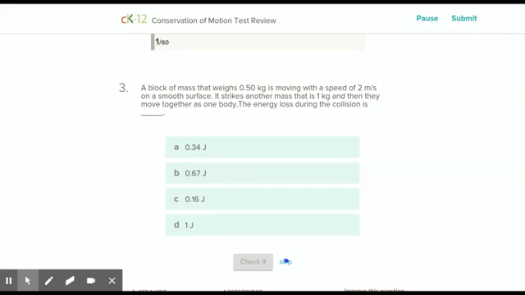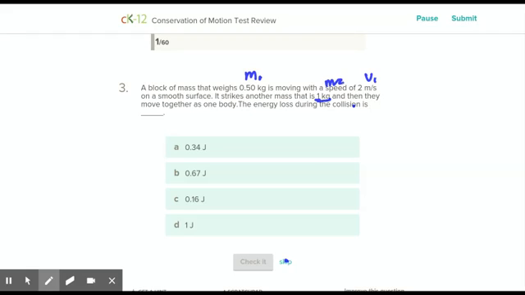All right. A block of mass that weighs 0.5 kilograms, so this is the mass, is moving with a speed, so that's the velocity, 2 meters per second, on a smooth surface. It strikes another mass that is 1 kilogram, so that was m1v1, and then this is m2, and then they move together.